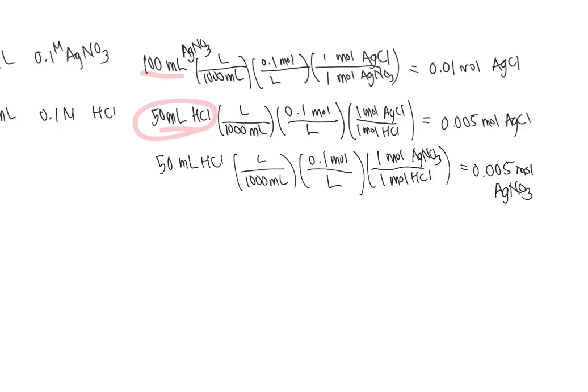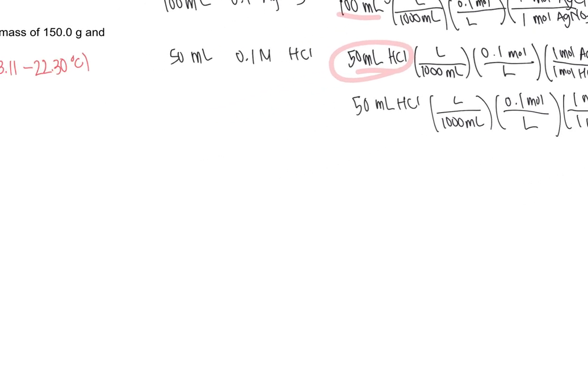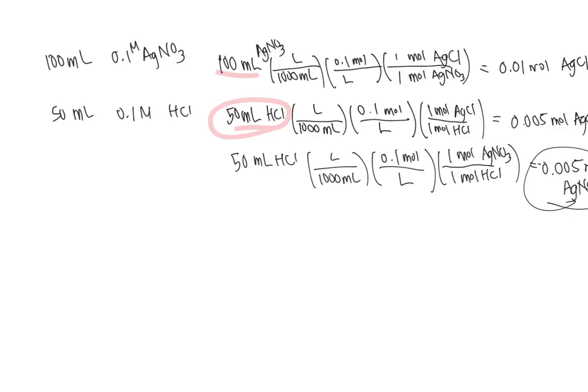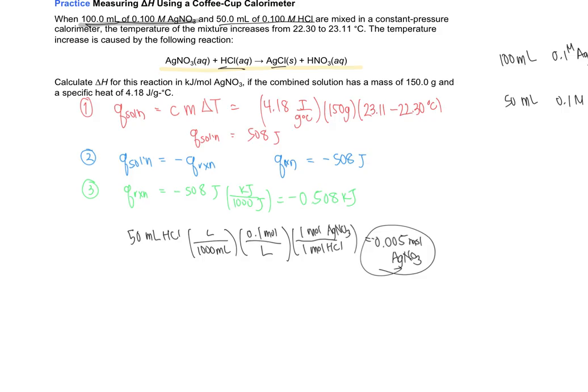So that is very good to know. That actually solves it for us. So we can move that over to step 4, which is figuring out the enthalpy of our reaction, which is equal to the heat of the reaction divided by the moles, in this case of silver nitrate.